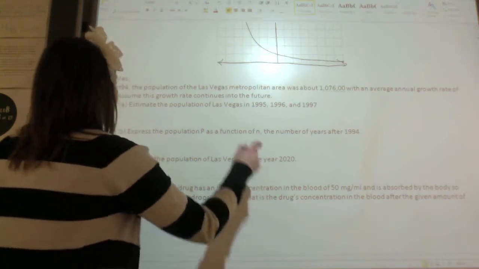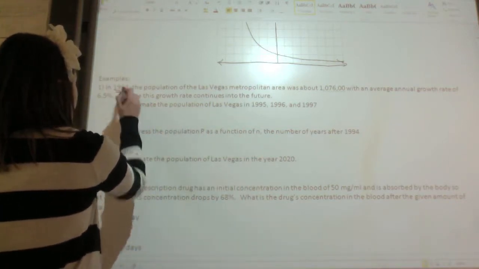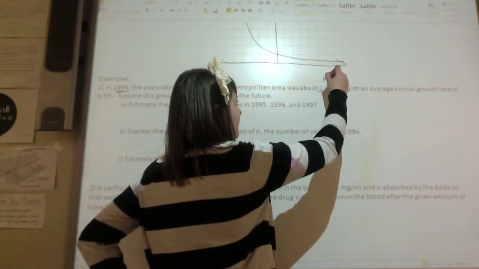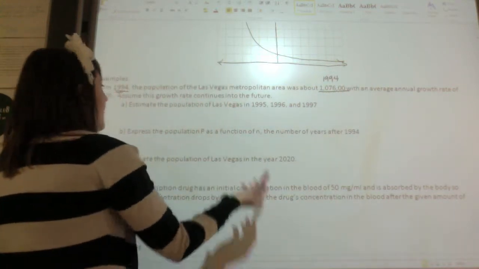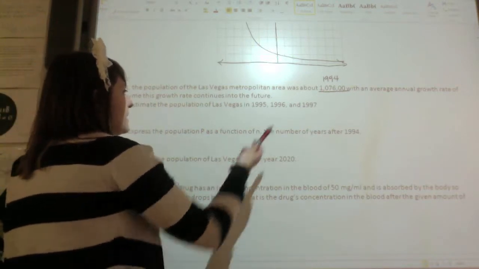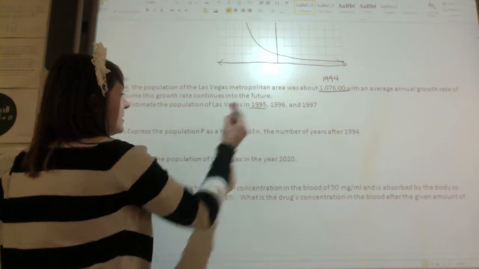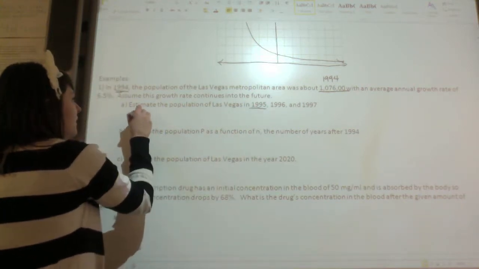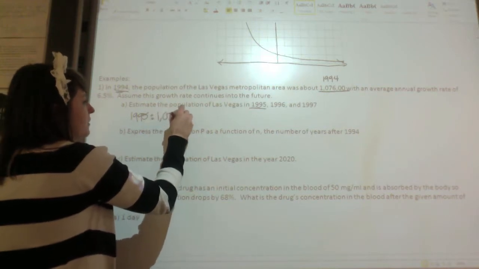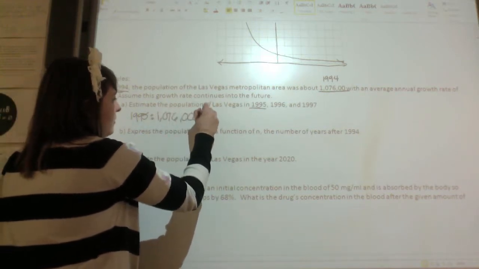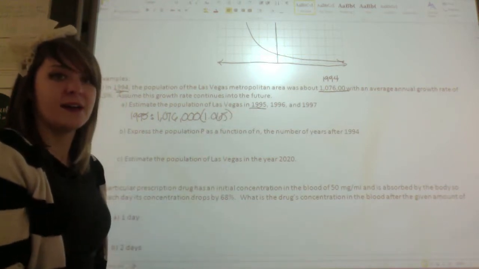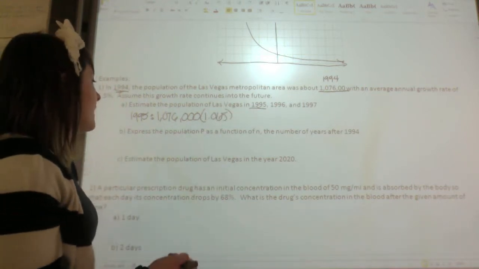Well, if my original population was in 1994, and I know that it's growing by 6.5% per year, that means that after a year, so for 1995, I would just be taking my original and multiplying it by 1.065 because it's growing at a 6.5% rate.